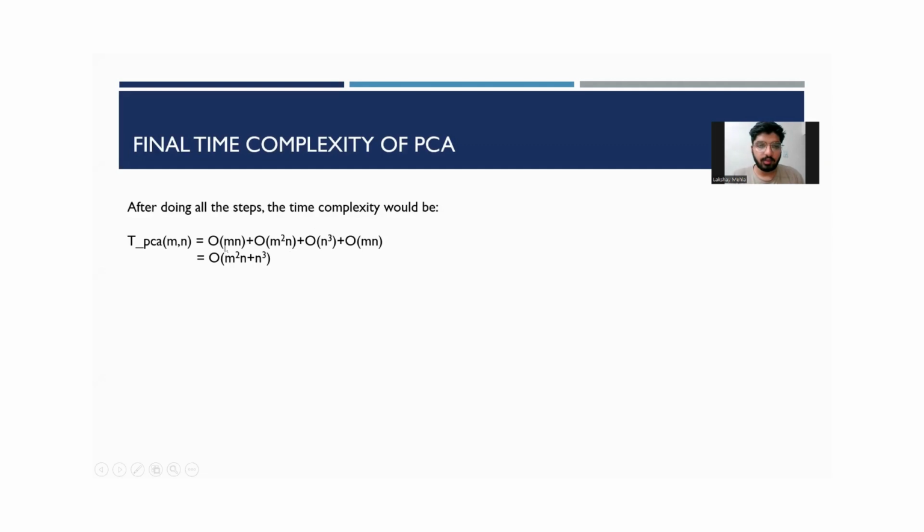The degree of mn is 1 plus 1, 2. Here the degree is 2 plus 1, 3, here it is 3, here again it is 1. So the highest degree terms are this and this. These two terms are of the highest degree, so we just take them and leave the other ones. So the overall complexity of our algorithm, that is PCA, is m square n plus n cube.